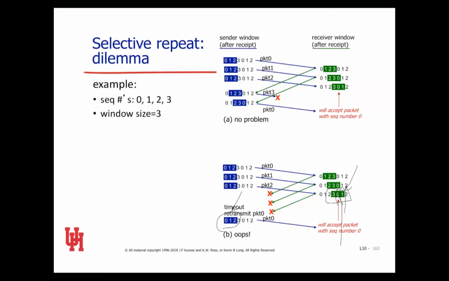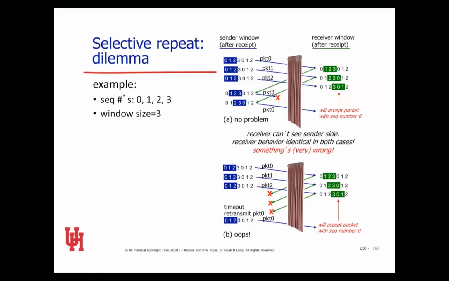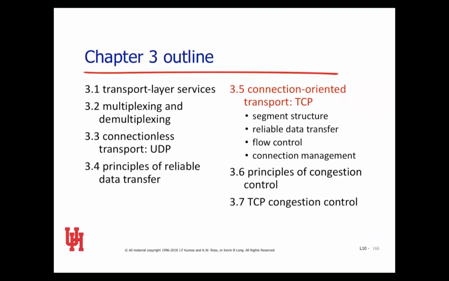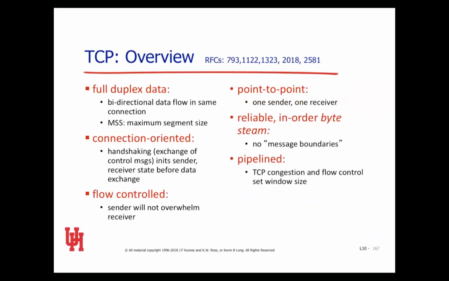So that's corruption, and it breaks the fundamental goal of being reliable. And remember, you have this iron curtain between. You can't see really what's going on. So there's a special relationship between the number of sequence numbers you need to have and the maximum window size you can have.